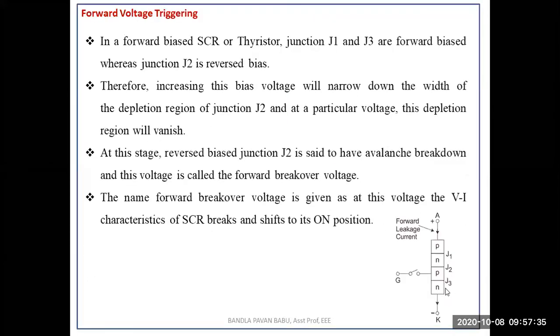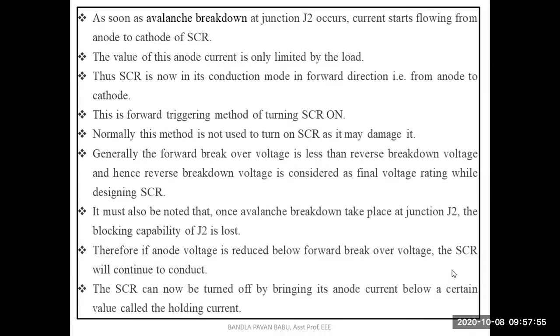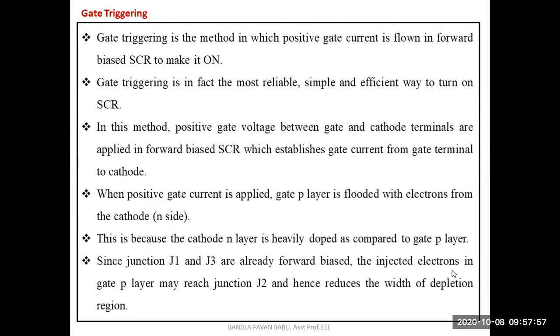Look at this: J3 is already forward biased, with N connected to the negative terminal, and here we are injecting the positive gate current. Since J2 is reverse biased, we are bringing J2 toward the forward bias condition, reducing the width of the layer, so that current is allowed from J1 to J3.